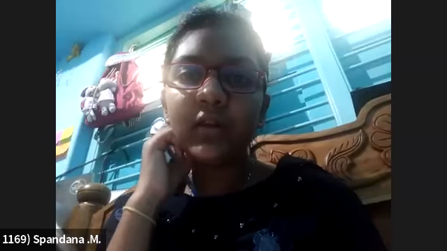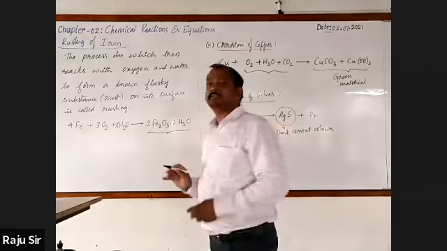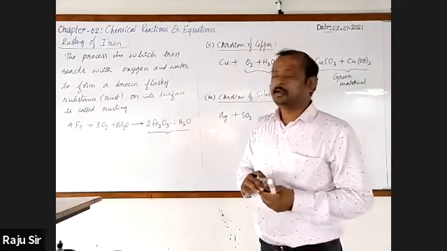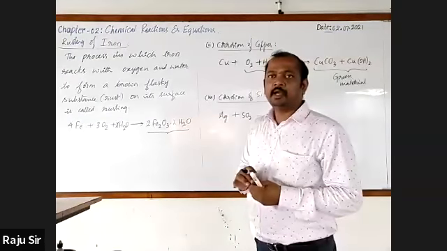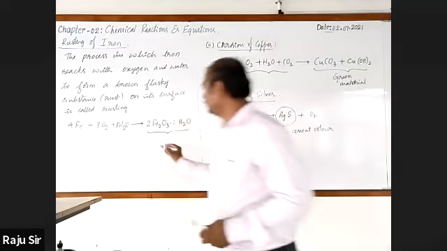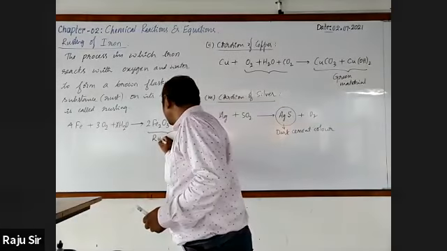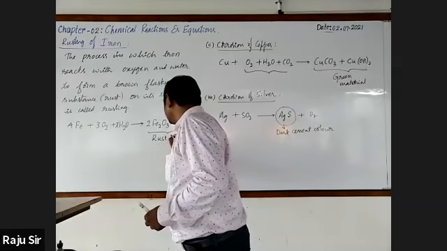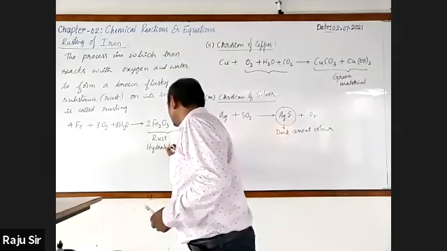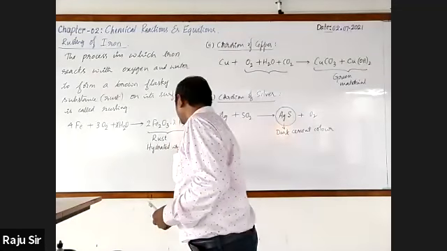Here Fe2O3.xH2O is called rust. That is the common name, and the chemical name is hydrated iron oxide. You write that: rust in bracket, hydrated iron oxide.